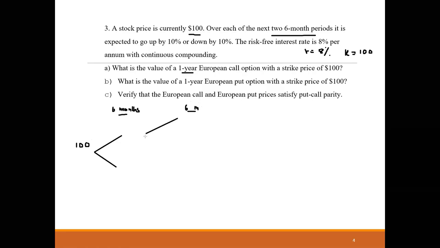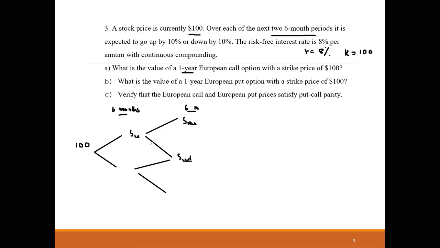Then after another 6 months, what would be the possible stock prices? Here you will have SU, what if it goes up? And here it will be SUU, if it goes up twice by the said amount, by 10% twice.